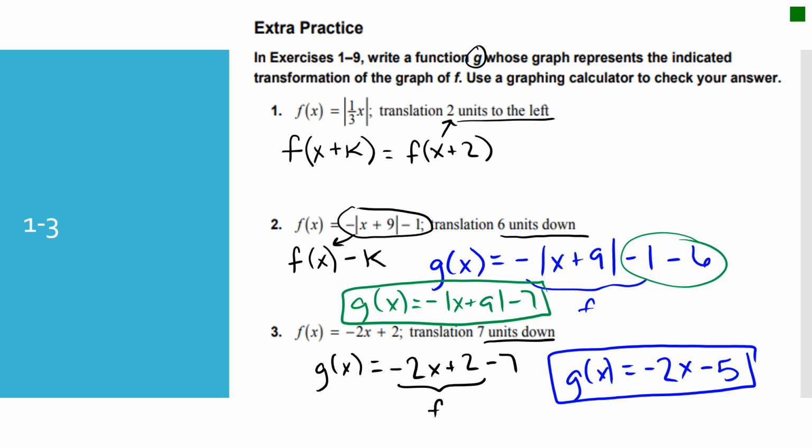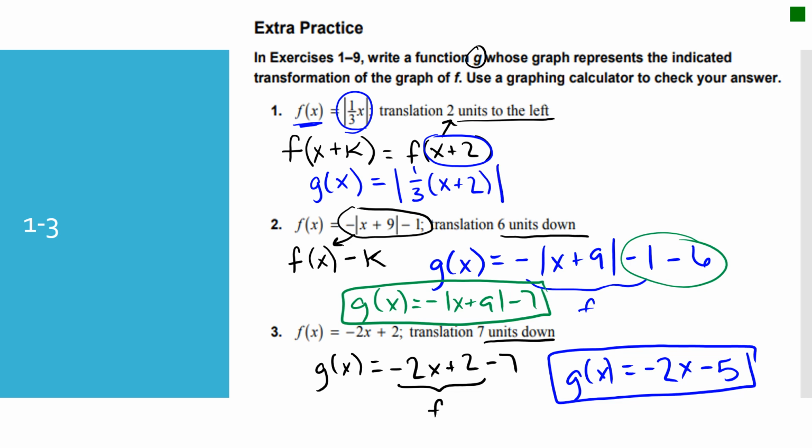Okay, so what I'm going to do then is take that f that I have, so I'll do that part in blue. So my new function will look like this f, which is absolute value of 1/3, but where I see x, I'm going to have to put in x plus 2. So that would look like this.